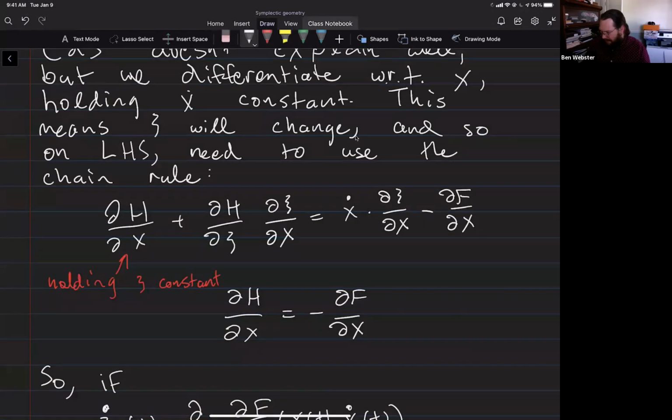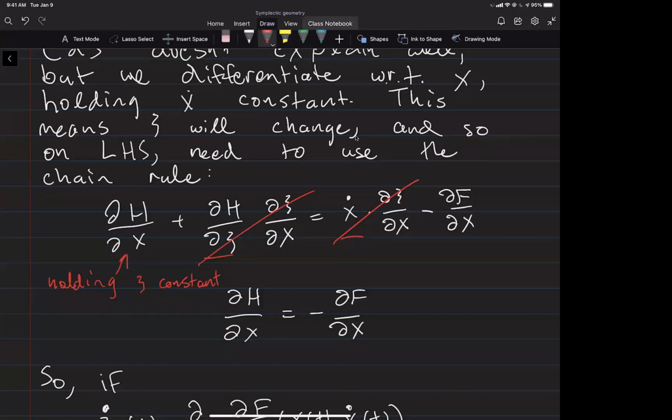Now again, by this Legendre transform here, these two terms are the same, so I can just cancel these two terms, and I get that the derivative of the Hamiltonian with respect to x is equal to minus the derivative of the action.